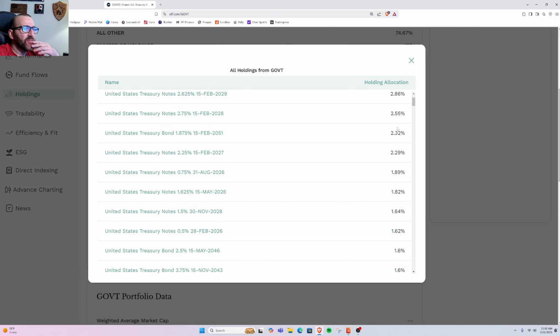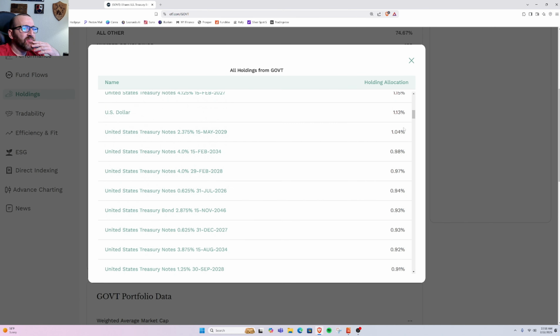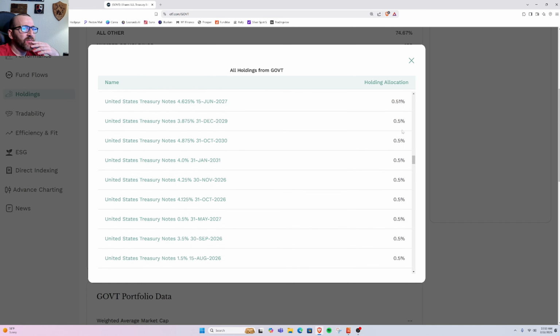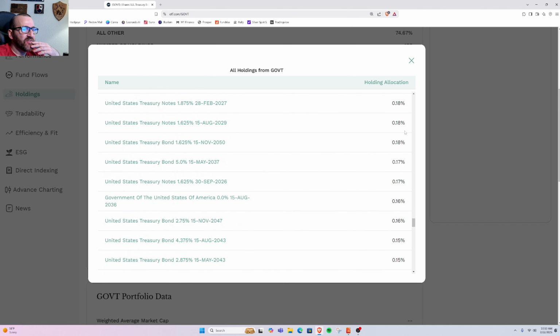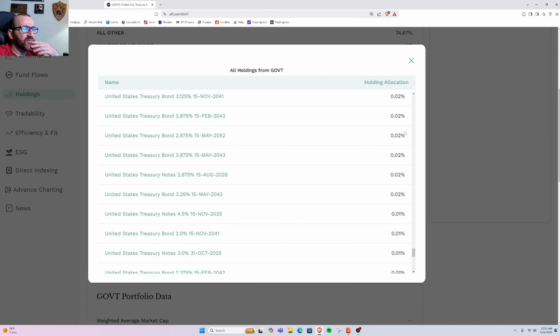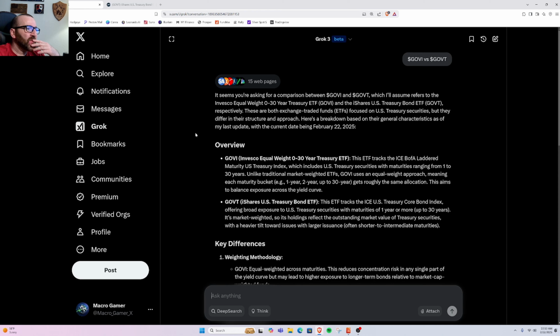So 5%, 3%, 2%, then 1.5%, 1%, 1%, less than 1%. Then there's like a whole bunch of them less than 1%. The GOVI was just the 30 different maturities, and it was all equally weighted. Everything around 3%, where this is market weighted, so they add on a lot. So it's like it says, equal weight versus market weight.